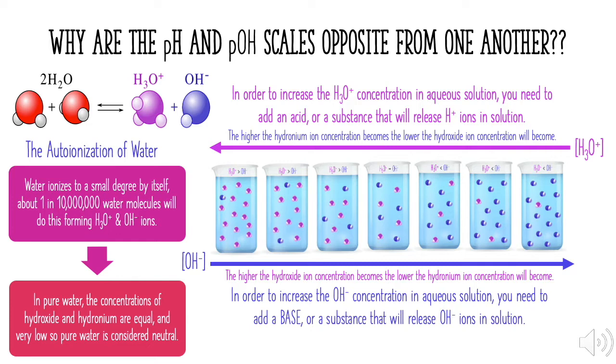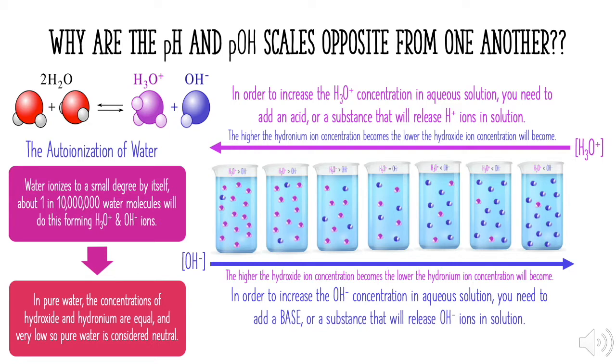And again, this only happens at very, very small concentrations, so maybe 1 in 10 million water molecules will autoionize. When water molecules autoionize, they're creating equal numbers of particles. So we'll have 1 hydrogen for every hydroxide that's formed, meaning they exist in equal concentrations. And since these concentrations are equal and very low, then we can still say that water is a neutral substance.